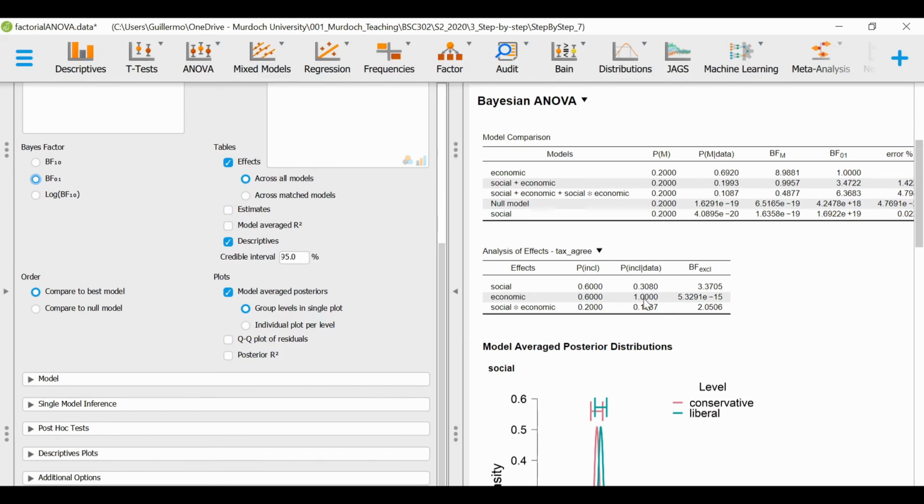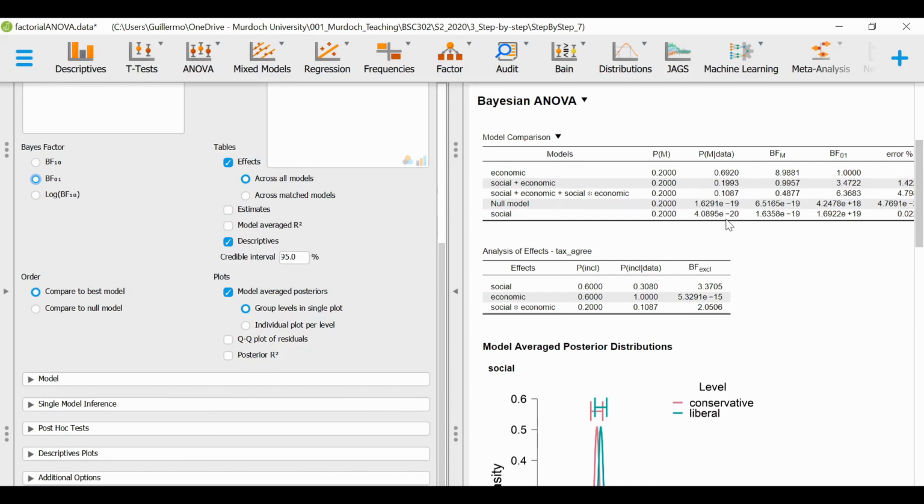For economic, the probability of inclusion is 1, because it's adding the probabilities of the three models in which the variable economic is present. So for economic, 0.692 plus 0.199 plus 0.1087, and it's 1 because the other two numbers are very, very close to 0.